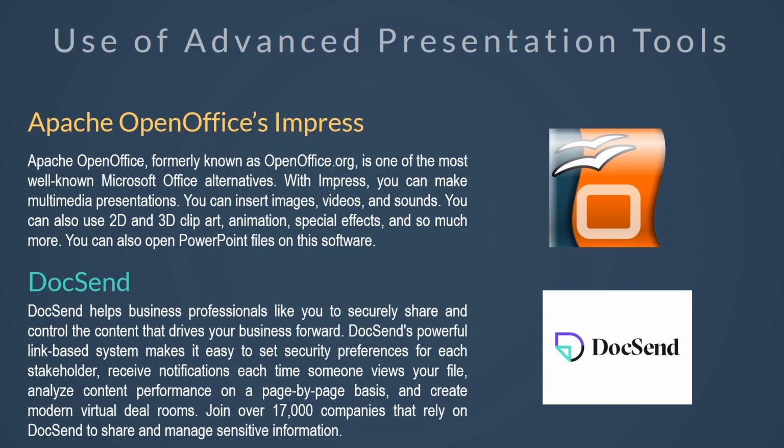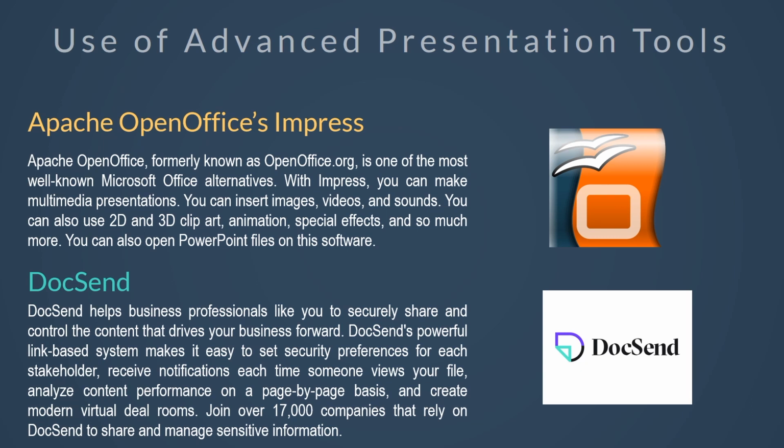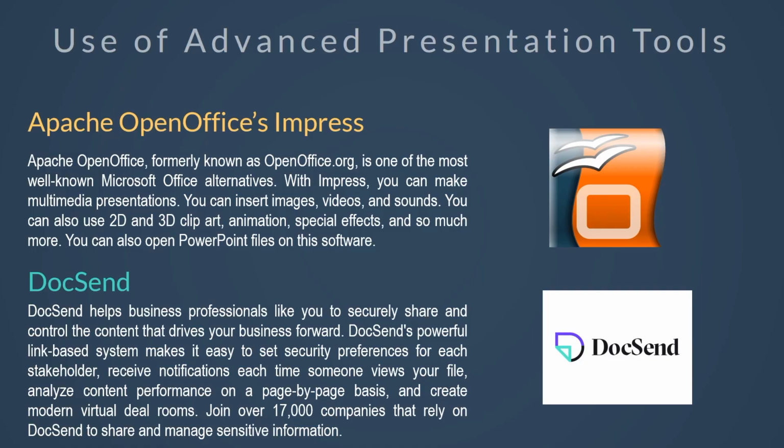They receive notifications each time someone views your file. They analyze the content performance on a page by page basis. They create modern virtual deal rooms, and, believe me or not, more than 70,000 companies rely on DocSend to share and manage sensitive information.